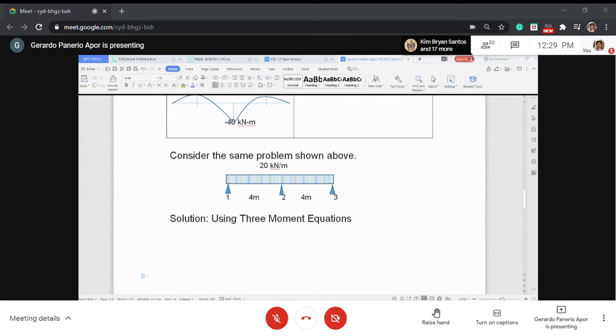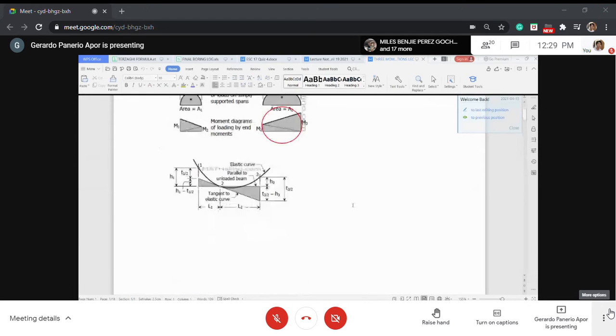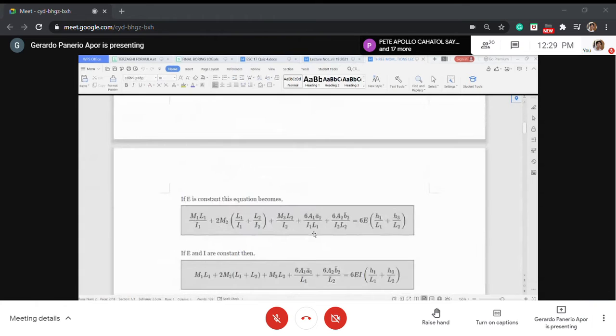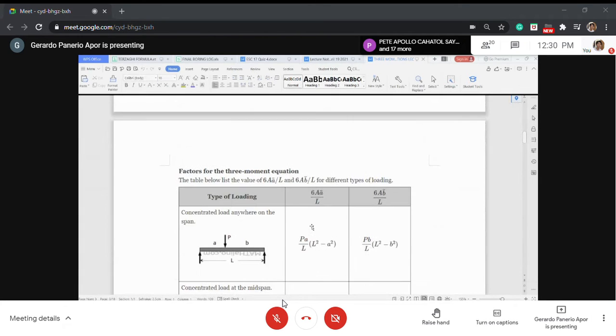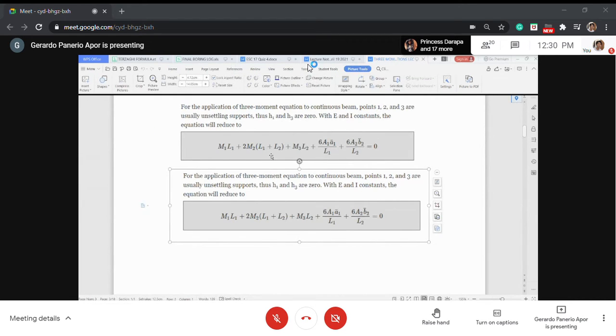Three-moment equation, March 11, 2021. I have to check the three-moment equation. So, actually, we have to use this equation. This one. Okay. Copy. Then I will go to.